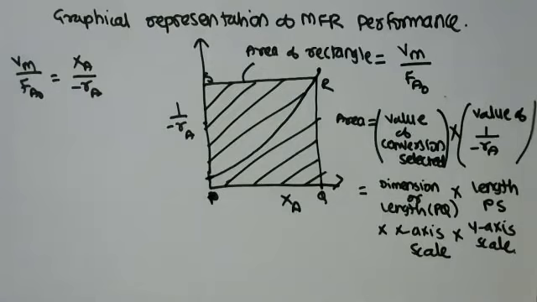Sometimes the data may not be given in terms of conversion. The data might be given in terms of concentration. So when the data is given in terms of concentration, you have to use another performance equation, and accordingly, since the conversion will be changed by a concentration, the nature of the graph will also change. We'll also see how the graphical representation in terms of concentration can be used to determine the performance of MFR by a graphical method.